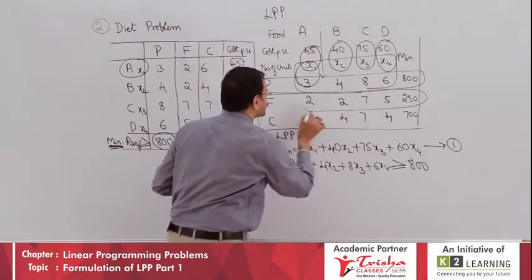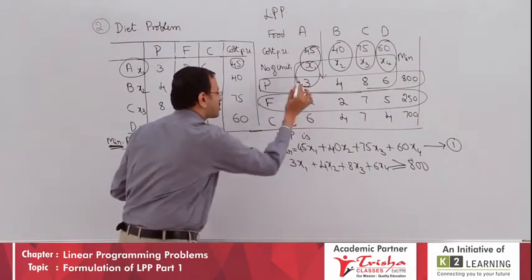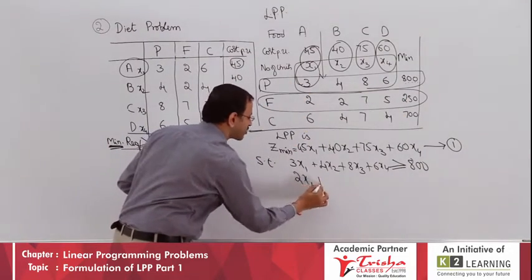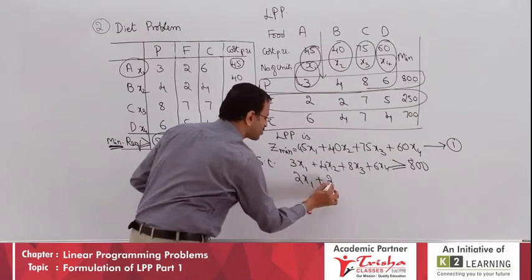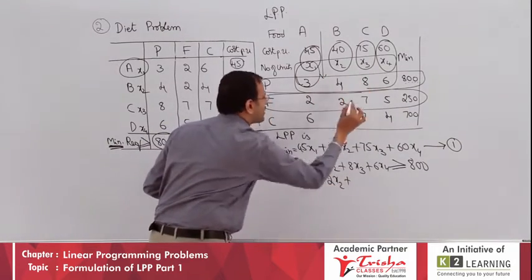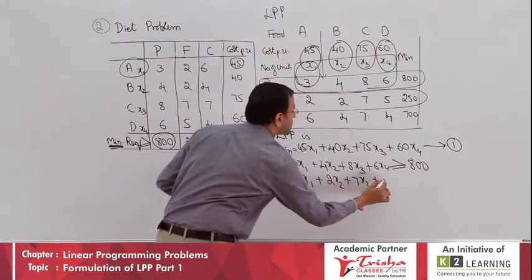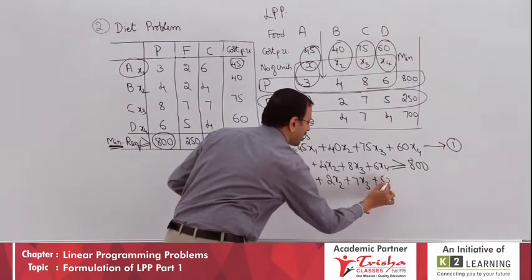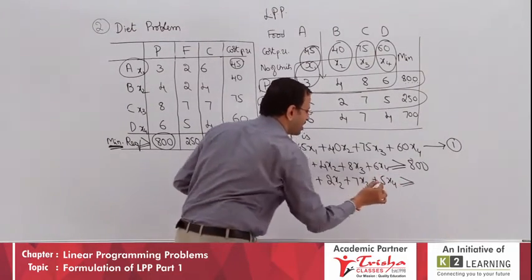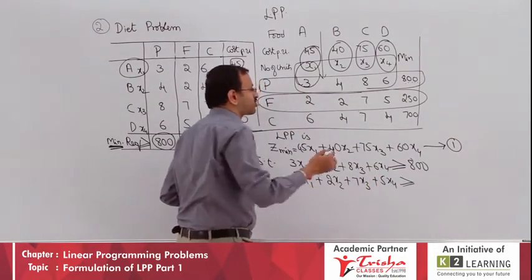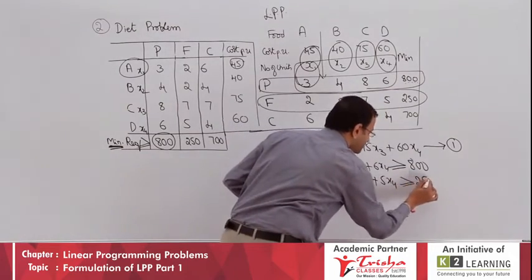Tell me fat contents. Similarly 2x1, students, I think you can write this also, 2x2 plus 7x3 plus 5x4. All put together, the least fat content should be 250.